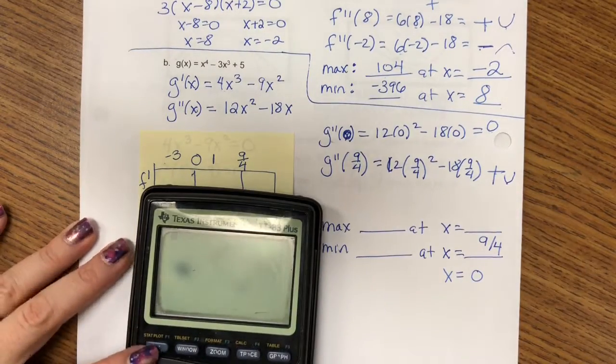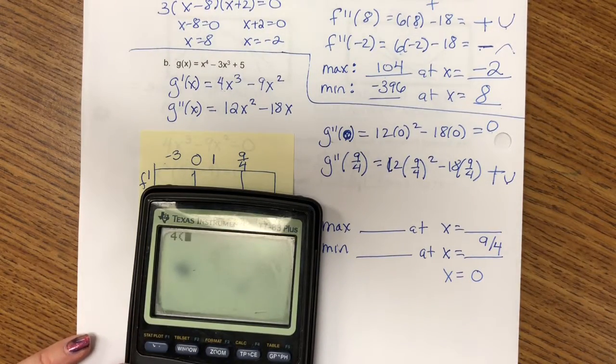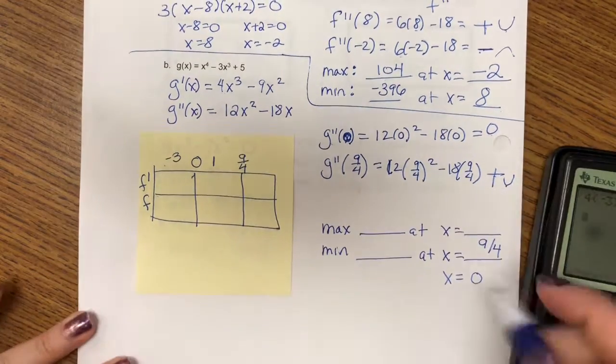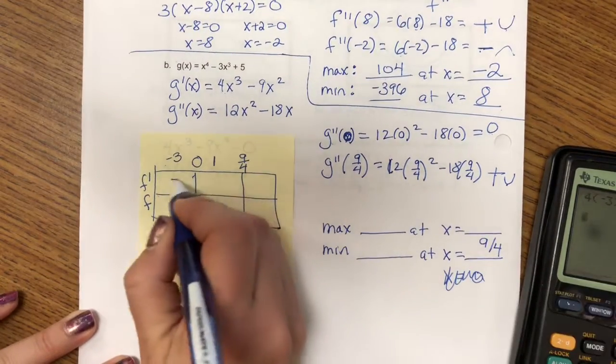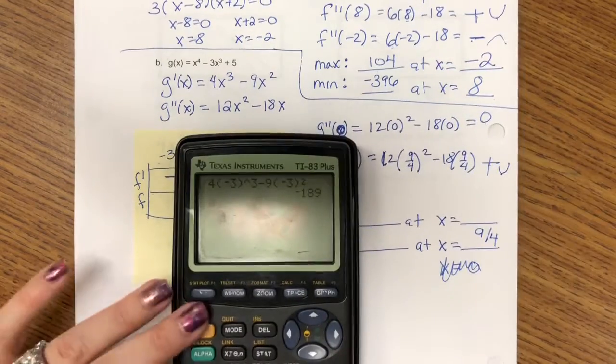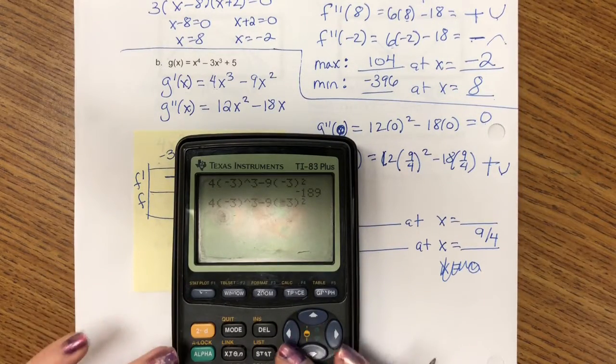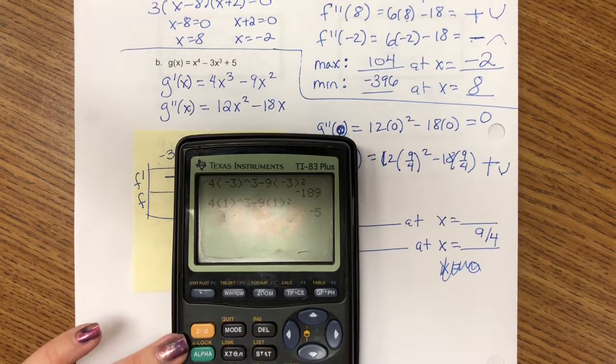So in the first derivative, 4 times -3 to the third minus 9 times -3 squared is negative. And then when we substitute in 1, still negative.